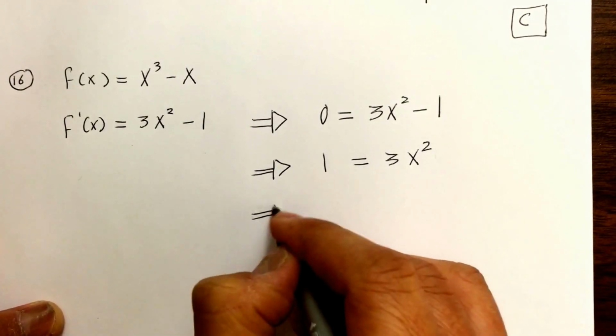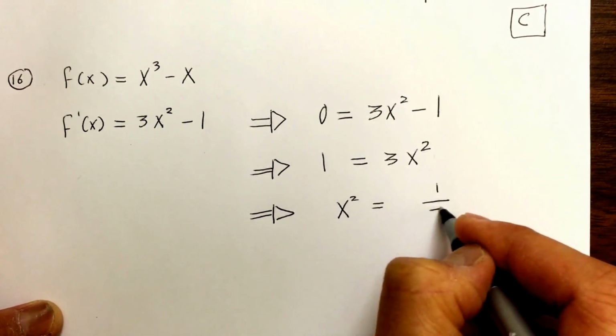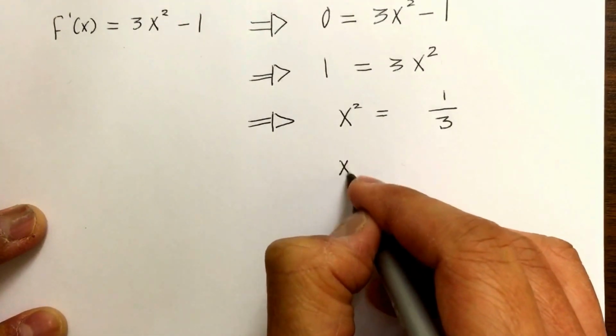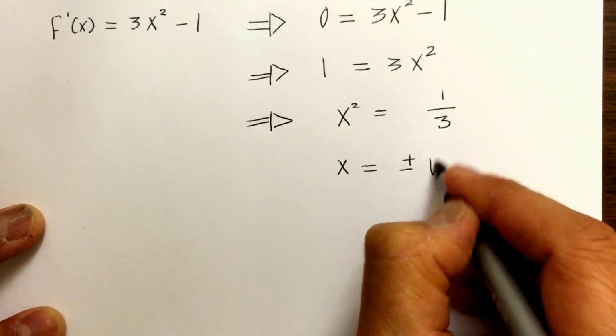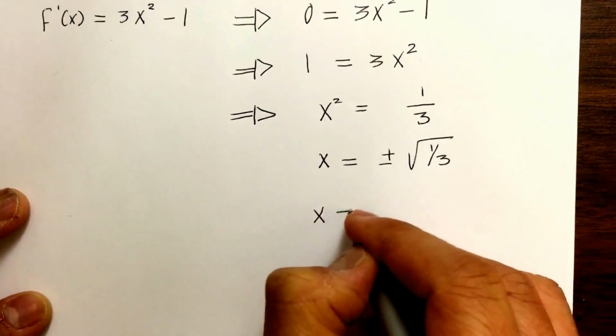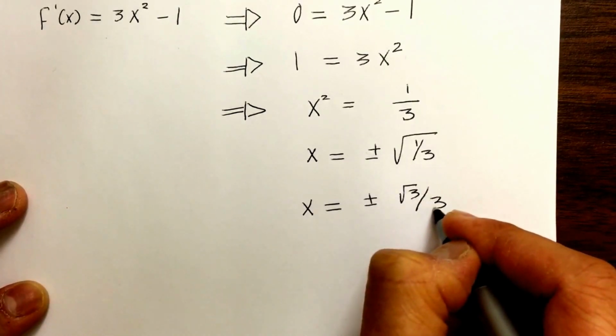Once we divide both sides by 3, we get x squared equals 1 over 3. And when we take the square root of both sides, we get plus or minus the square root of 1 over 3, which we can then simplify to plus or minus radical 3 over 3.